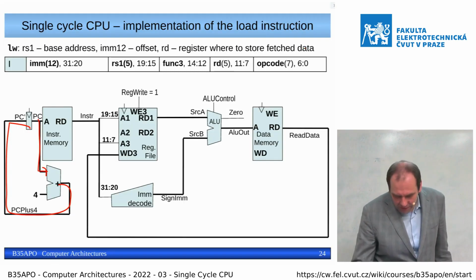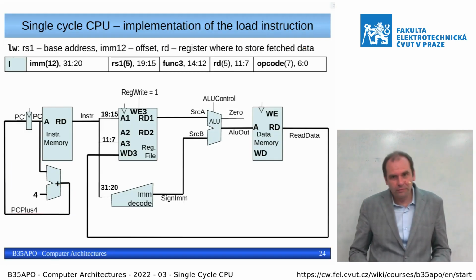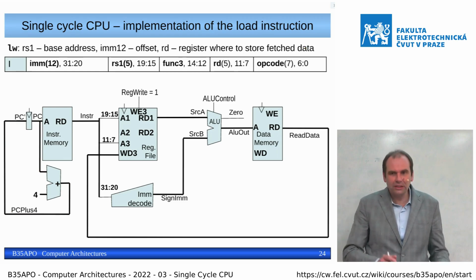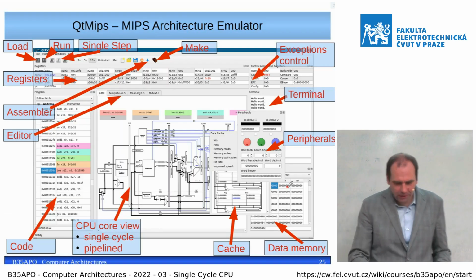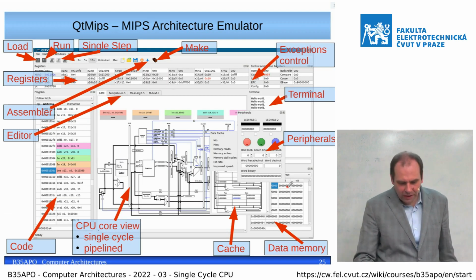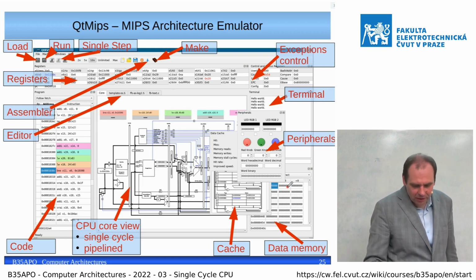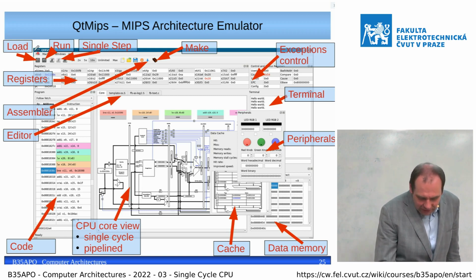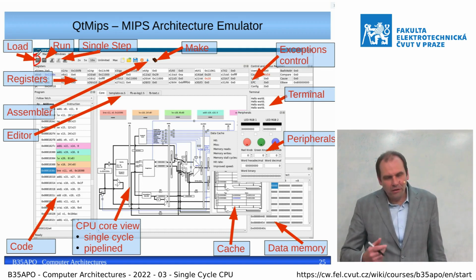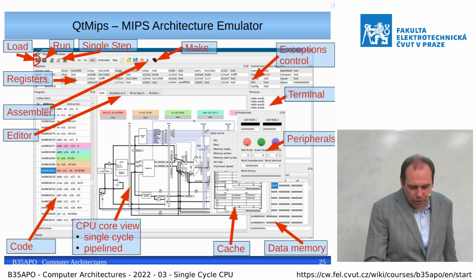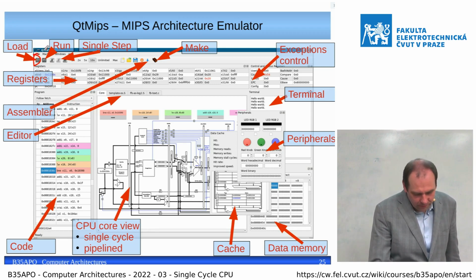So now we advance from the load word to the store word. We have seen how load word works, and now the store word. Okay, this is the presentation of how to test it in the simulator. In the simulator, you can see that there is a button which selects in which mode the processor should be run and allows loading even an external compiled application.